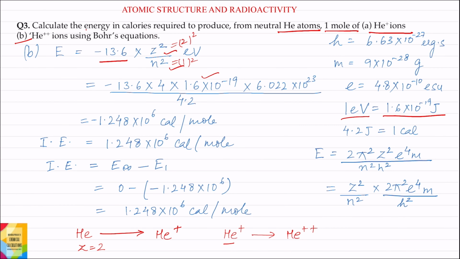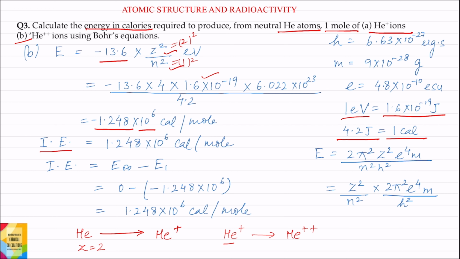Now dividing this by 4.2 will give the energy in calories because 4.2 joules is equal to 1 calorie. So the energy in calories per mole is equal to minus 1.248 into 10 to the power 6 calories per mole. This is the energy of the electron present in the first orbit of helium ion.